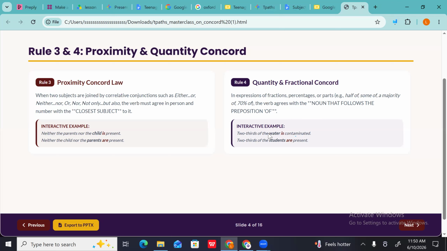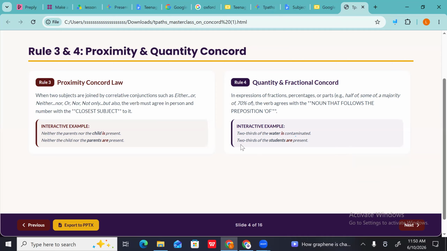The water. Water is an uncountable noun, so it's treated as singular. You cannot count it. So water is singular, so we have a singular verb: water is contaminated.